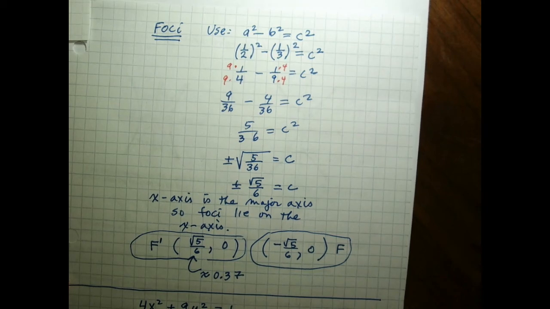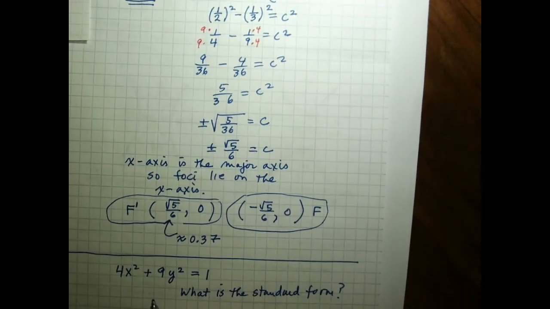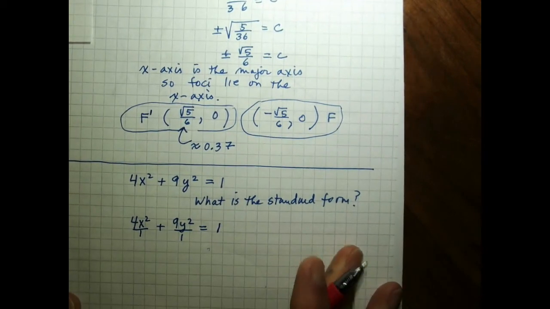So what I want you to see, now you don't have to actually do this, is that I can write this as 4x squared over 1 plus 9y squared over 1 equals 1. I don't want to change the 1 on the right-hand side, I don't want to do something to both sides of this equation.